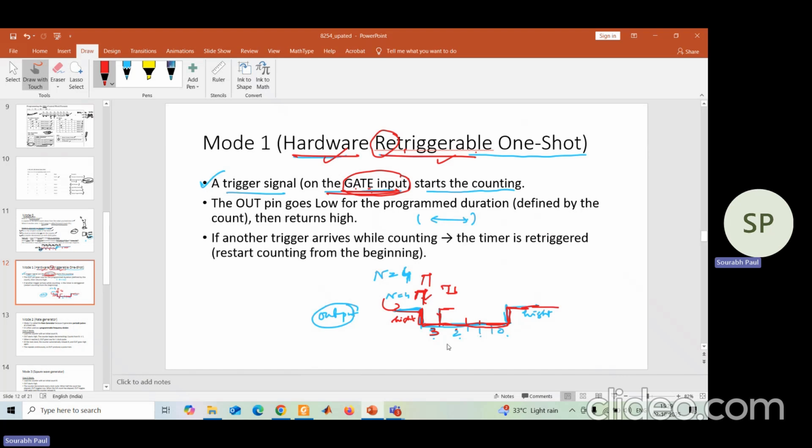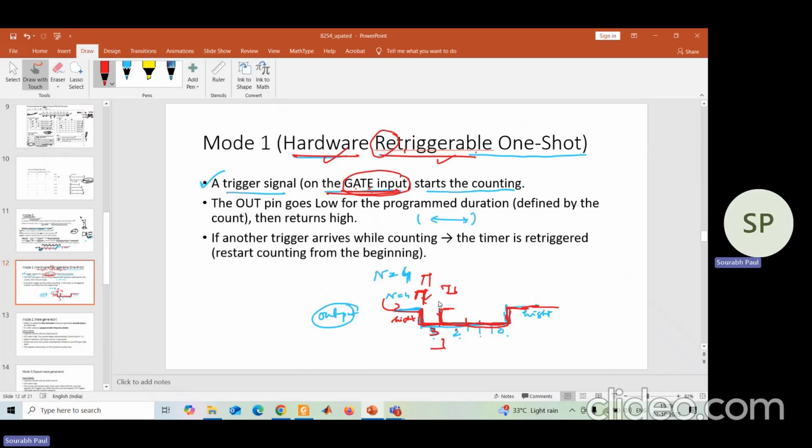Now after finishing its 4 count value, still if you are applying again one gate trigger, what will happen? It will start the counting again from that instant. For example, it has already counted the value of 3, now it has to come to 2.